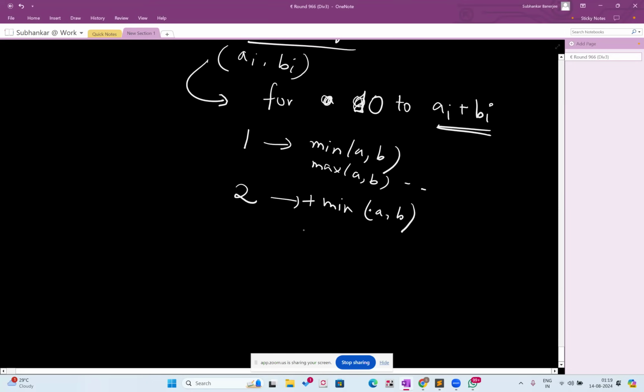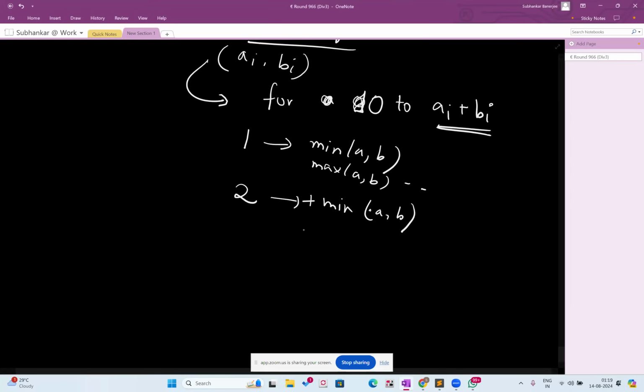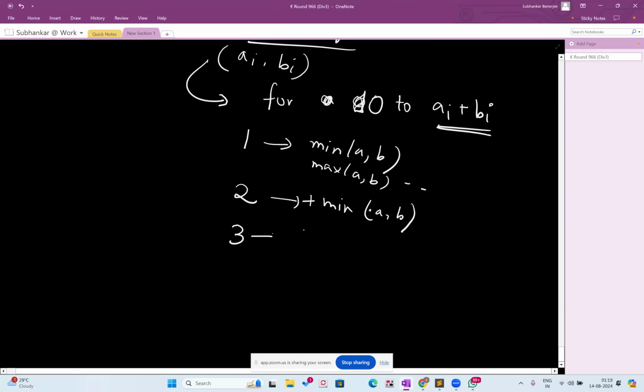I'll add it, so that will be the cost. Did you get the cost for 3? And I can do it up to ai plus bi. So for this particular rectangle, I have to add this and update a and b accordingly.